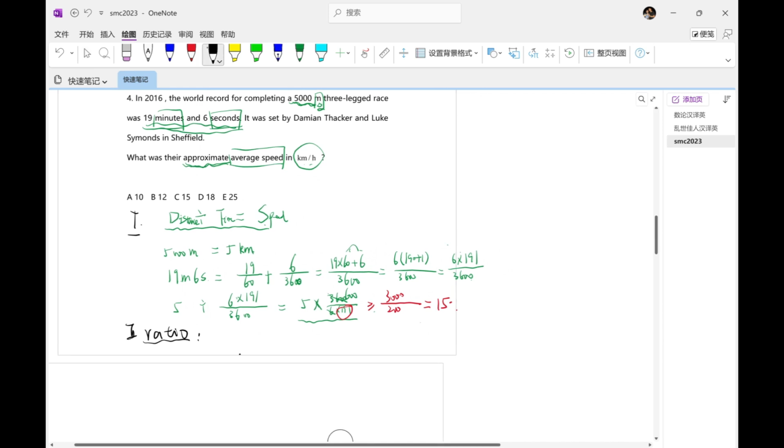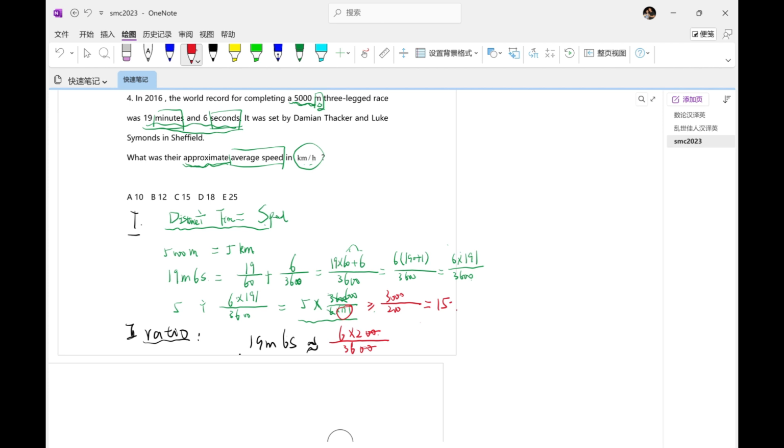The time is 19 minutes 6 seconds, which is approximately 1/3 hours.